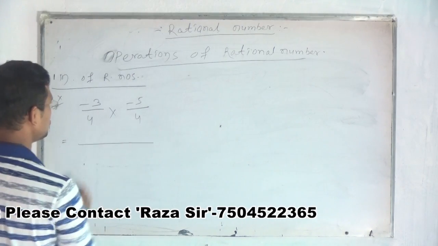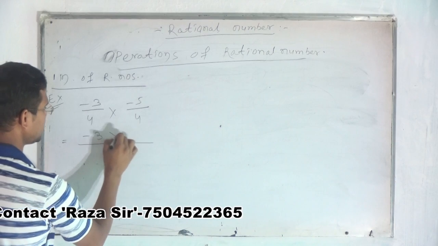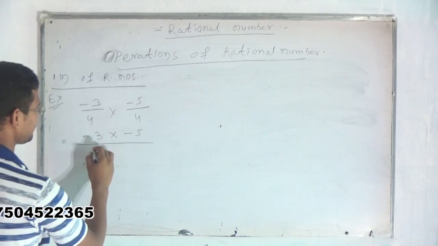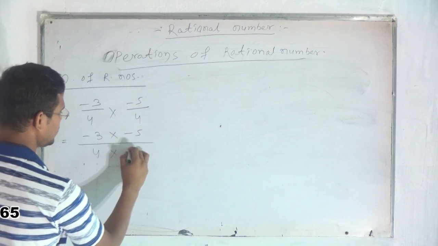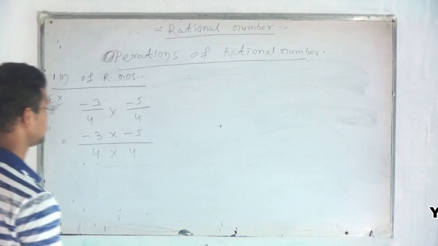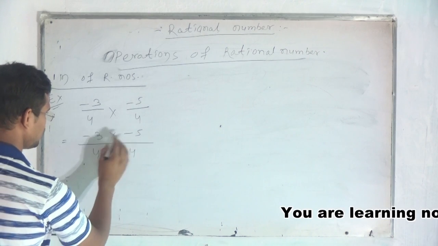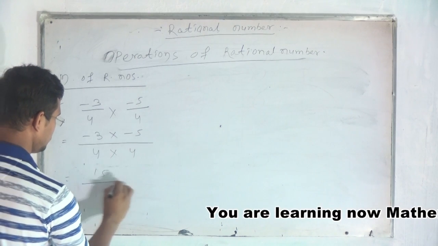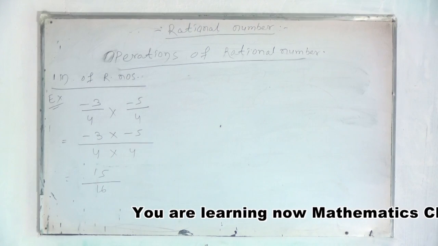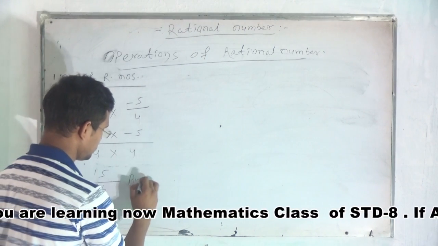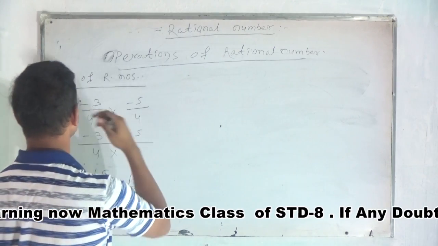Simply you multiply numerator into numerator divided by denominator into denominator. Minus minus plus, then 3 5s are 15, 4 4s are 16. That is your answer.